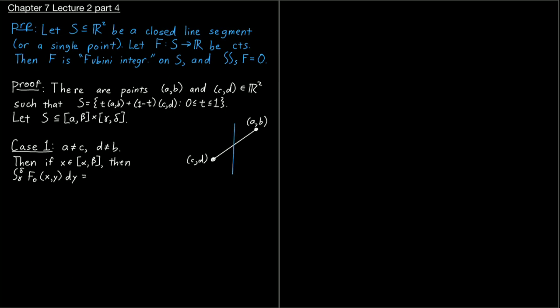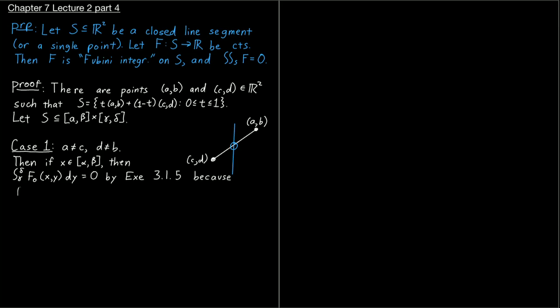I'm not sure how far it extends, but it doesn't really matter because f naught is 0 except at this single point. And we happen to know what the integral of a function that's 0 except at a single point is. It is 0. That's by exercise 3.1.5.